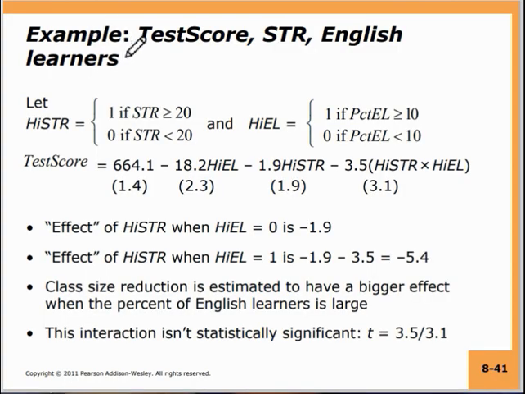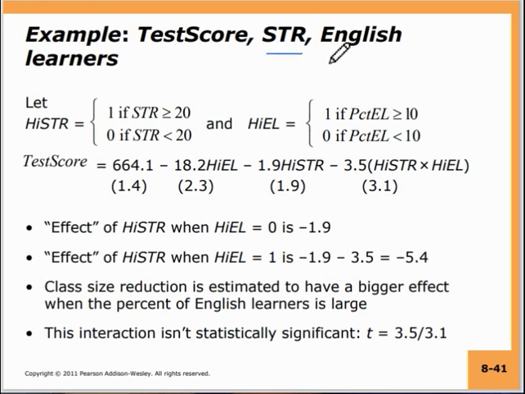So now we will look at a particular example where we look at test scores, student-teacher ratio and English learners. Originally student-teacher ratio and English learners were continuous variables, but in order to illustrate this example of two dummy variables, we discretize them and define a new variable called high STR, which takes on a value of 1 if STR is greater than or equal to 20, and 0 if STR is less than 20.